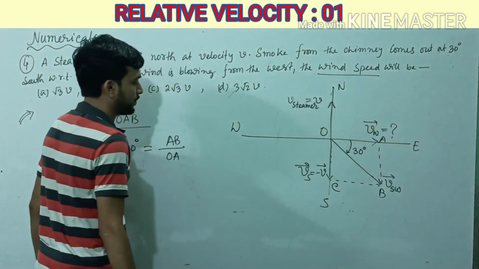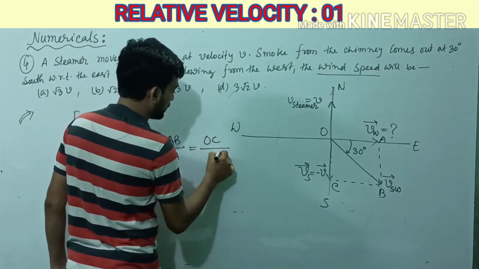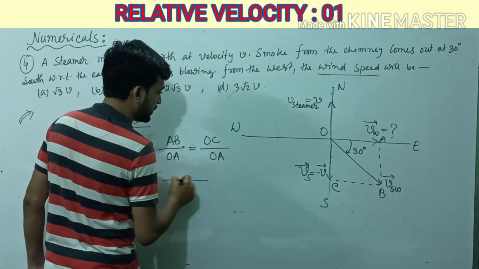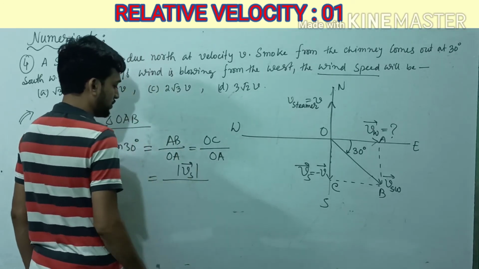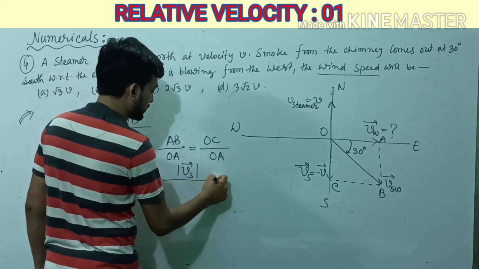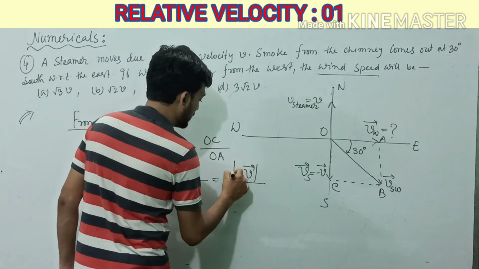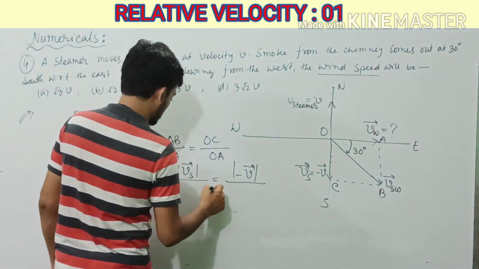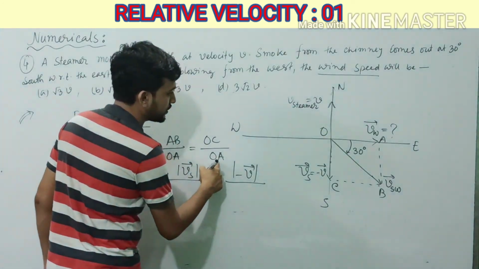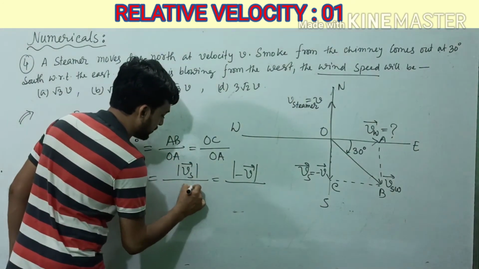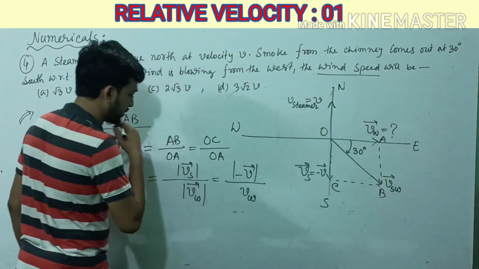Say this is C. AB will be OC. OC by OA. Now what is OC? Mod VS. VS means velocity of the smoke, and this will be minus V. And what is OA? OA is mod VW. This will be VW only.